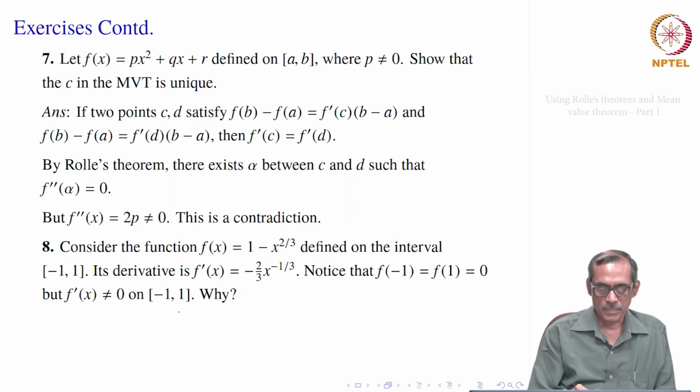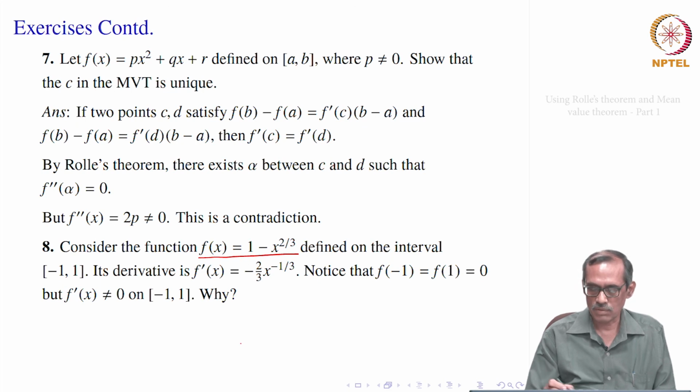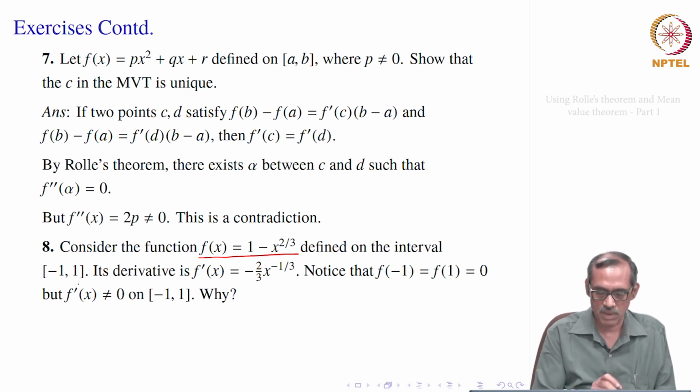Okay. So, we consider next another problem where we have a function f of x given as 1 minus x to the power 2 by 3. Now, you see whether it is defined on the interval minus 1 to 1? Yes, it is.